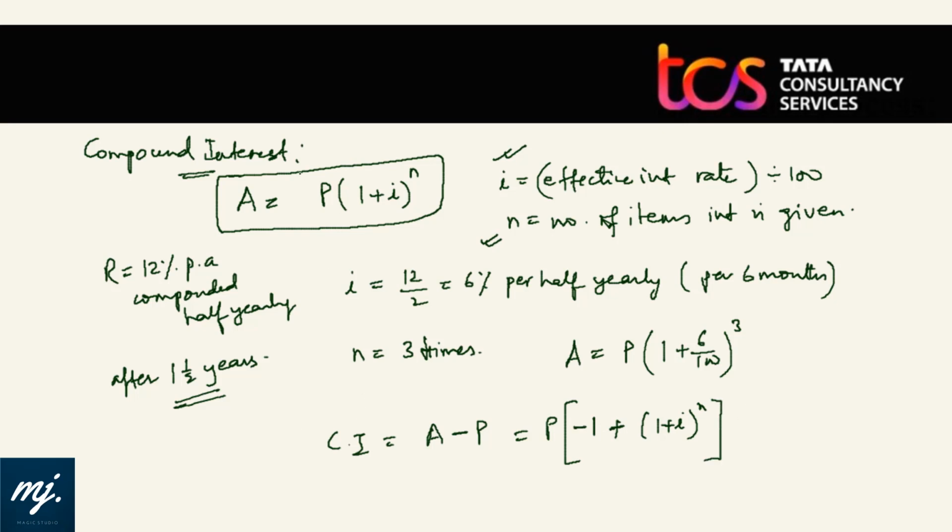So first we need to find the amount, and then amount minus principal will give us the total compound interest paid on principal P in that particular number of periods at the given rate of interest.